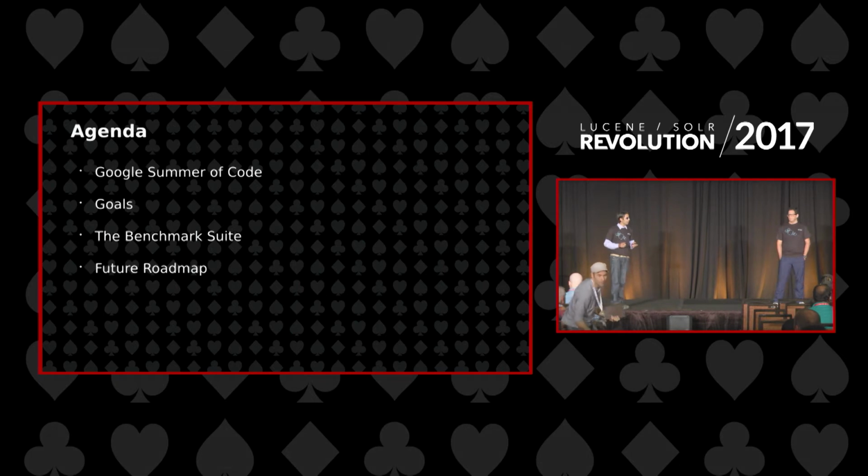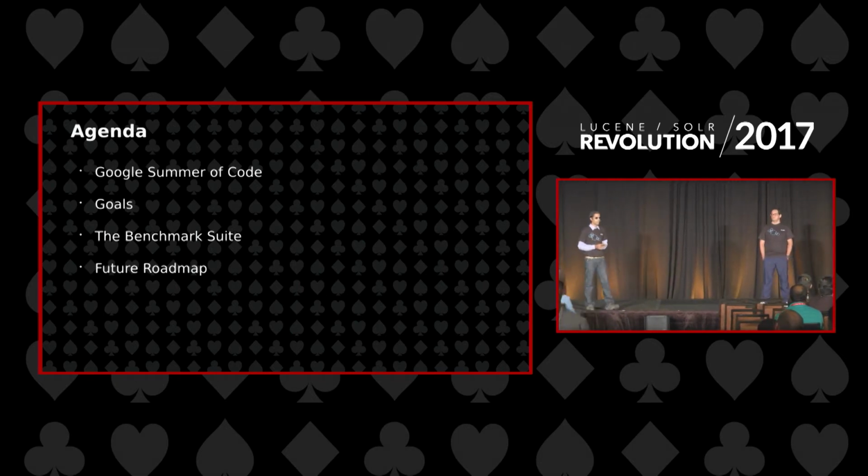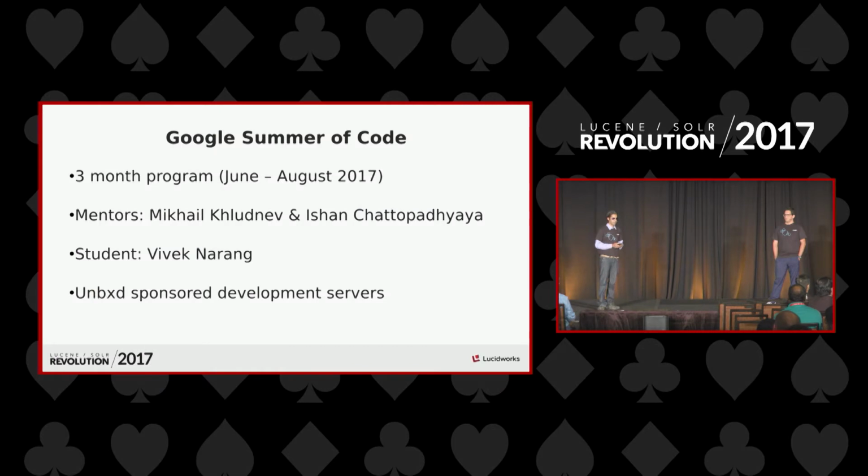So the agenda for this is the Google Summer of Code project. It's a program where Vivek participated as a student, and Mikhail Khludnev and I were the mentors for him. We'll talk about the goals of this project and also about the benchmarking suite in general, and also what remains to be done there. This program called Google Summer of Code is sponsored by Google.